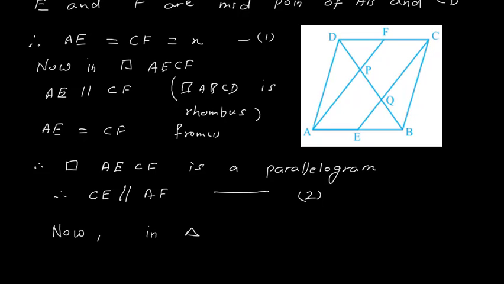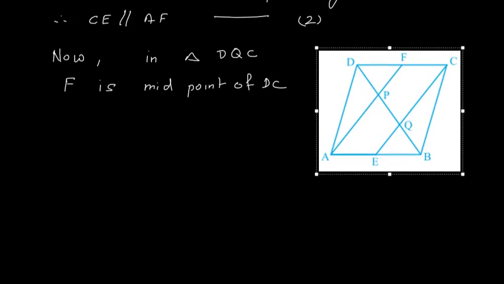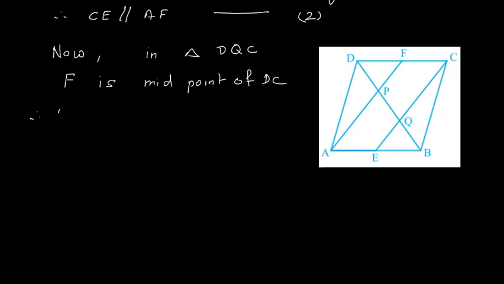Now in triangle, we will take triangle DQC. In triangle DQC, F is the midpoint of DC, and FP is parallel to CQ. You can say this is from CE parallel to AF, this is from equation number 2.